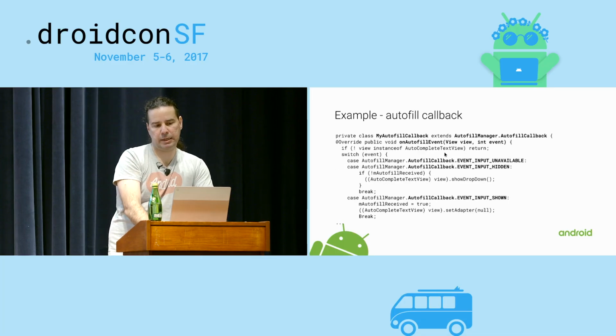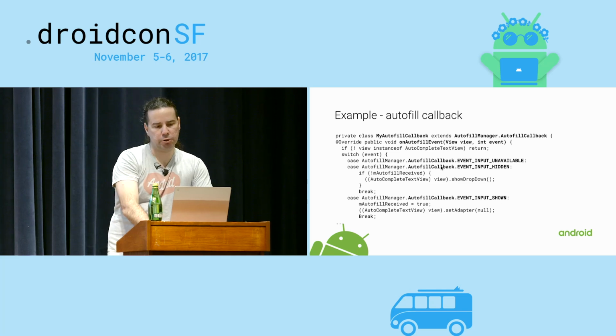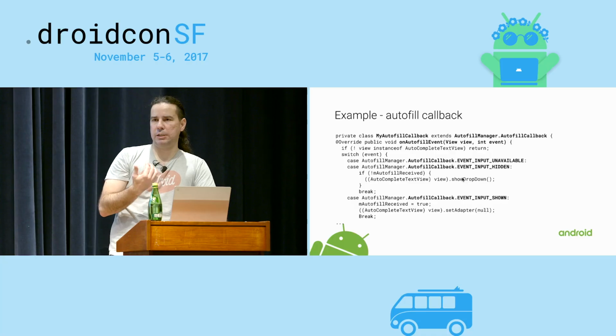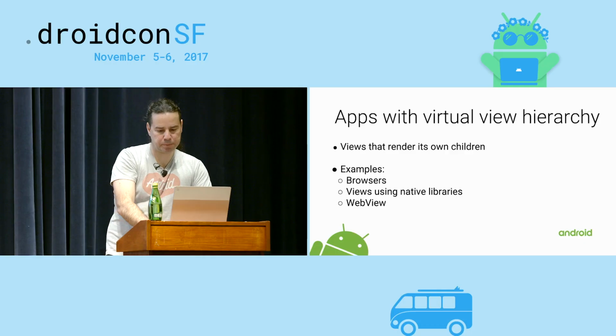And then in the callback you see the events that were generated by the autofill framework. So when the UI is shown, I'm going to hide my UI by disabling my adapter. In this case, I'm using an autocomplete text view. And similarly, when the UI is hidden, or if the UI is not available because the service doesn't have a dataset, then I will show my dropdown. So if you just follow this simple trick, you're avoiding showing both UIs at the same time.